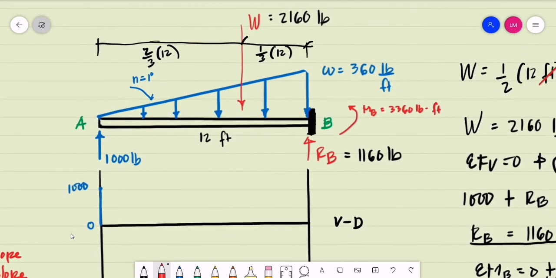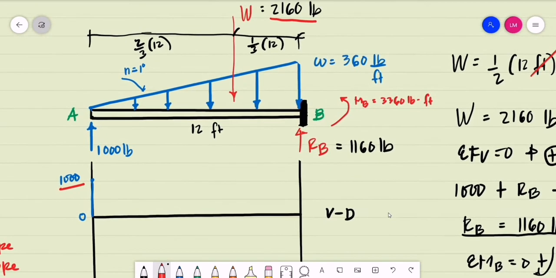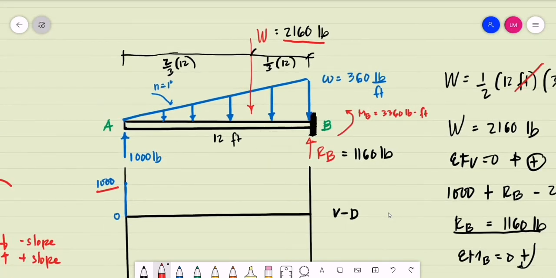So we do the summation. That is, we have 1,000 pounds minus the downward single equivalent force of the varying load, that is the 2,160. So we have 1,000 minus 2,160 will give us a negative 1,160, and a curve that opens downwards.